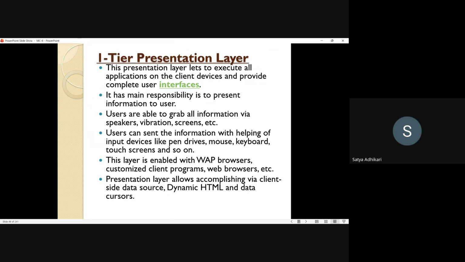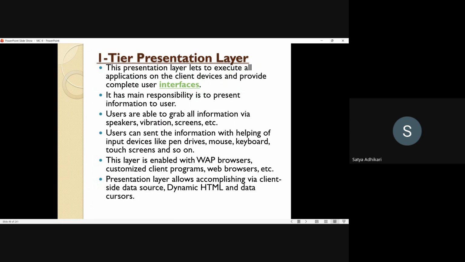Let us discuss the three layers briefly. First is tier one, the presentation layer. This presentation layer is used to execute all applications on the client device and provide a complete user interface, so it is close to the user.